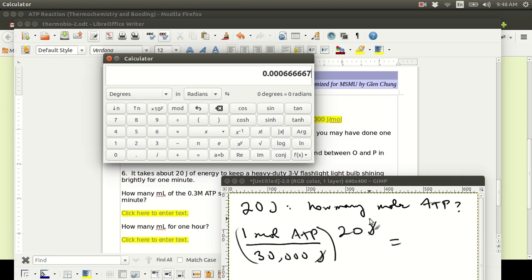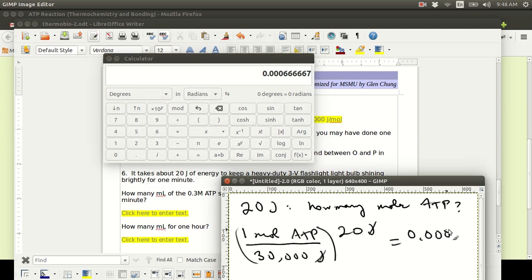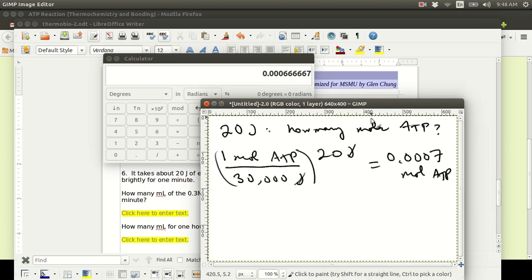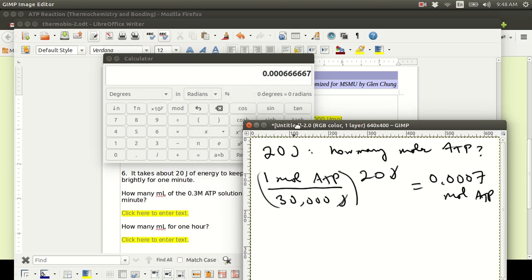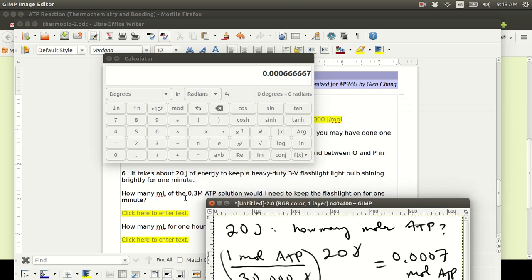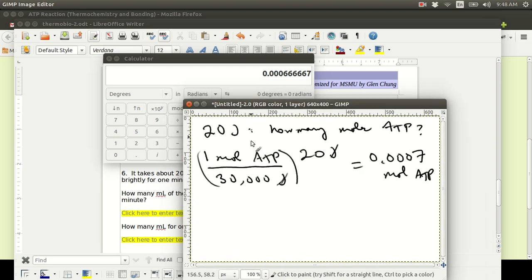Divided by 30,000, it's 0.0007. So I'm going to round that to 0.0007 moles of ATP. Now, 0.0007 moles of ATP, how many milliliters is that if it's a 0.3 molar solution? See, it's a 0.3 molar solution. So how many milliliters would that be?